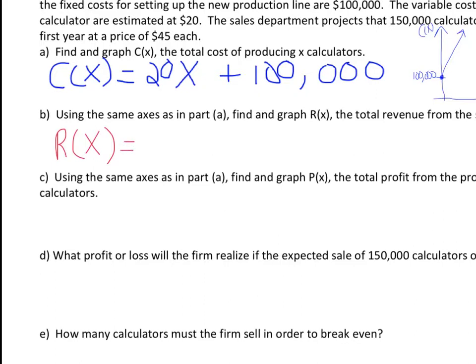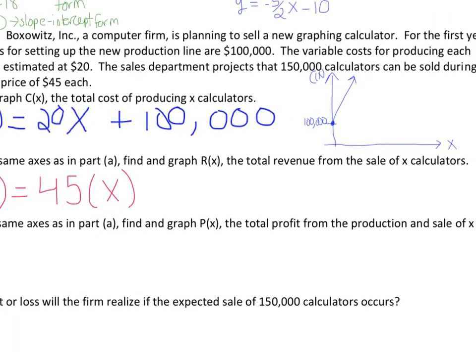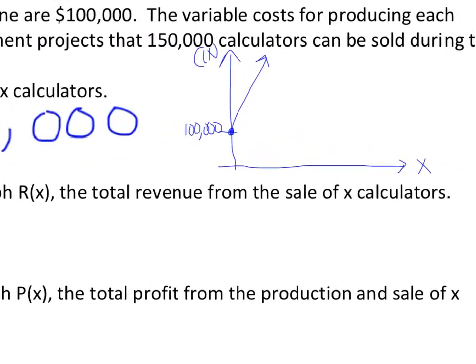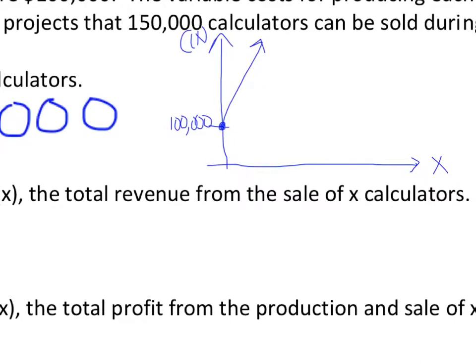So your revenue is just going to be 45 times however many calculators you sell. If you don't sell any, then you don't have any revenue, right? So if I graph my revenue up here, it's just going to start at 0.